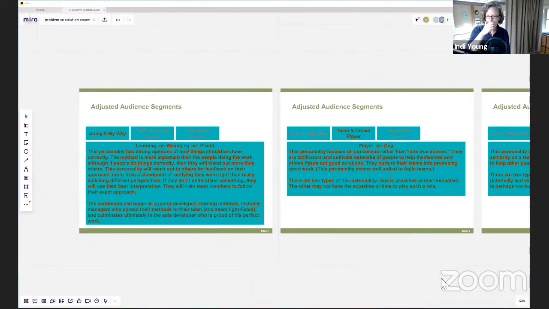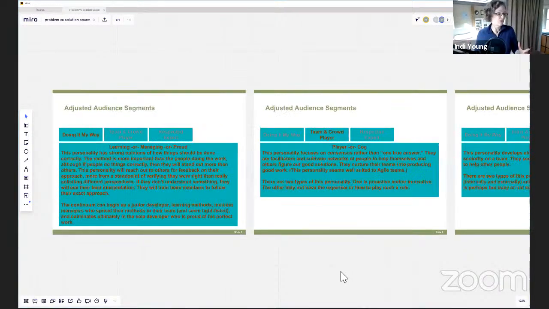Some of them are proactive, others may not have the expertise to play a proactive or leadership role. So even within the one archetype, the one thinking style of team and crowd player, there's a variety, right? But we're just talking about the archetype in general.